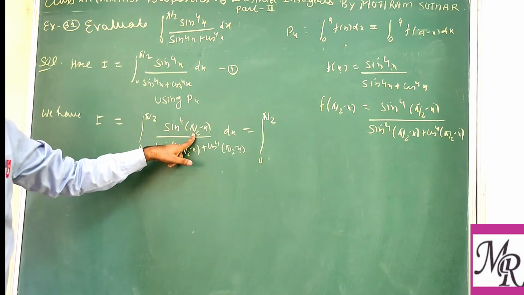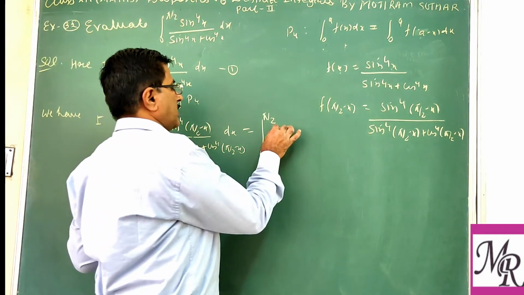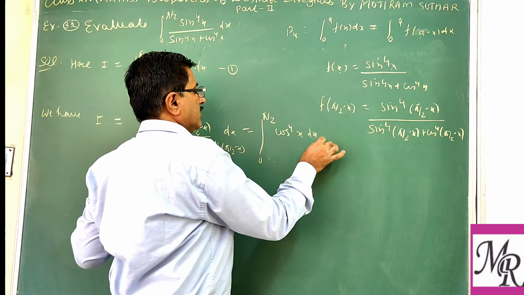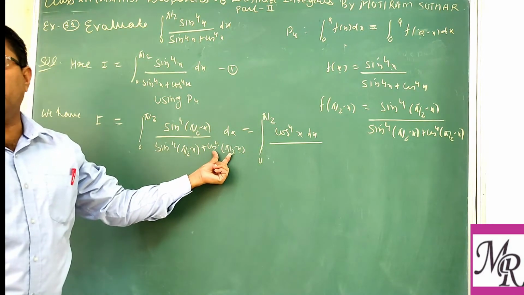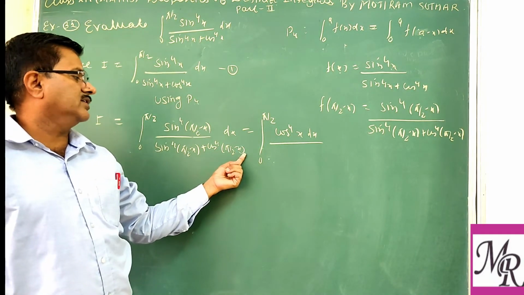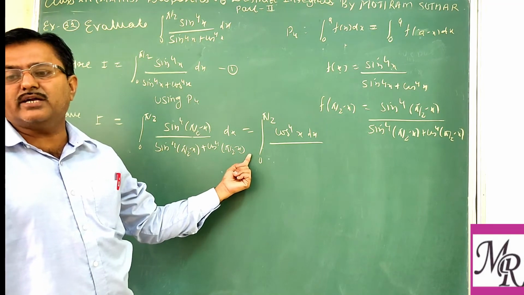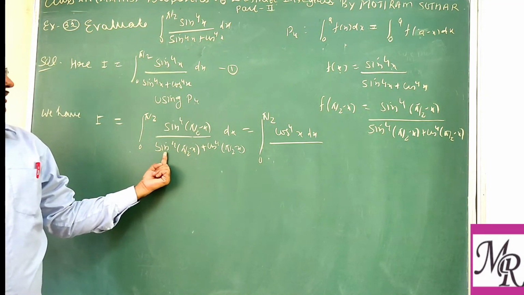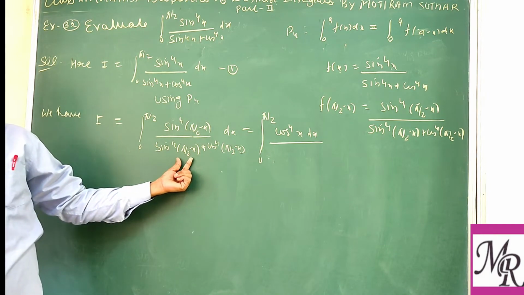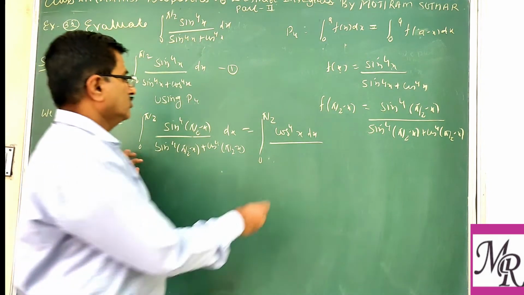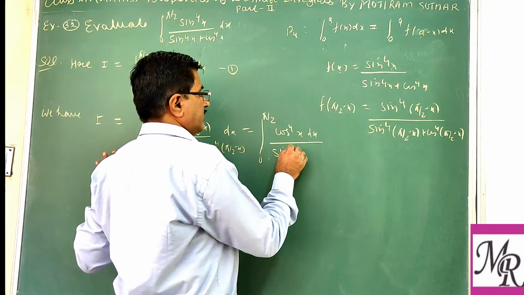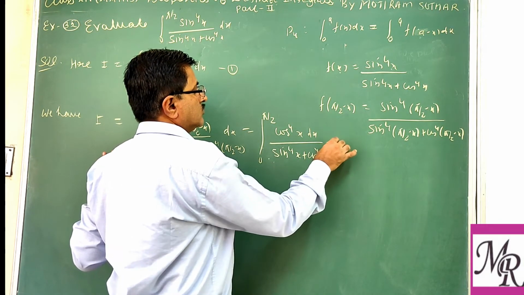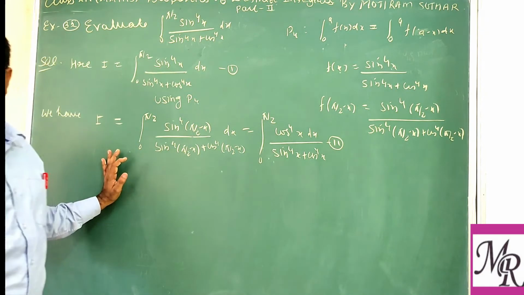So in the numerator, cos power 4x. In the denominator, cos of pi by 2 minus x is sin x, so sin power 4x, and sin of pi by 2 minus x is cos x. So numerator and denominator you can change. So this is equation number 2.